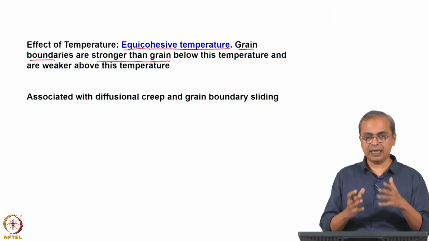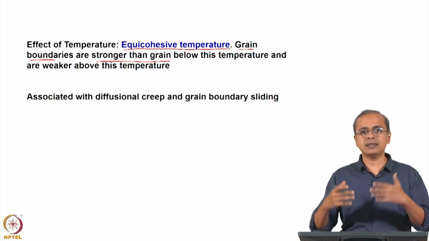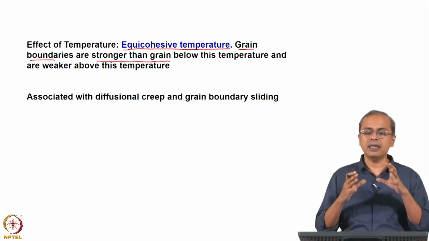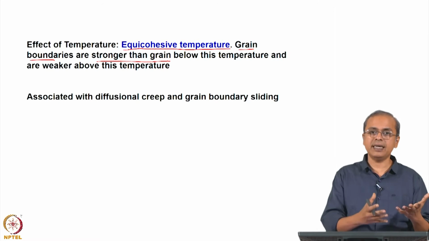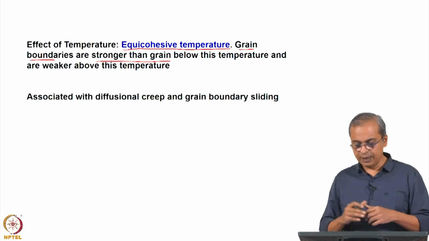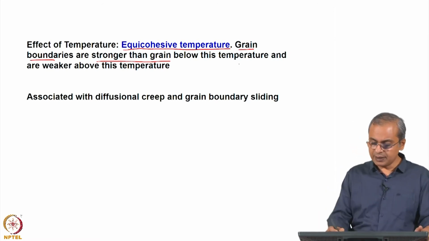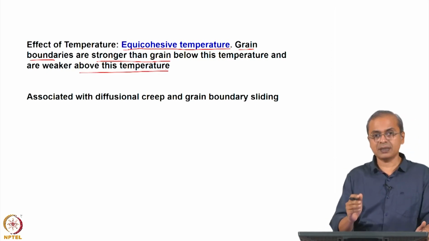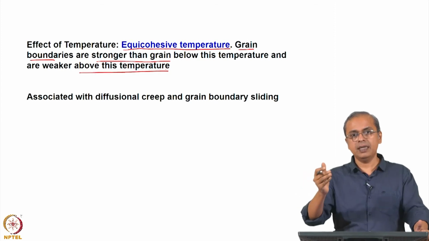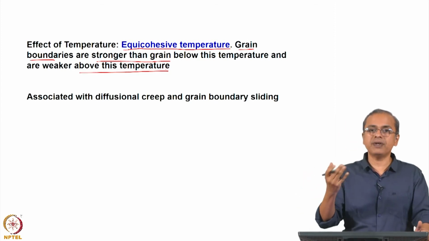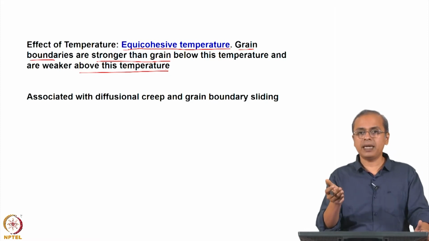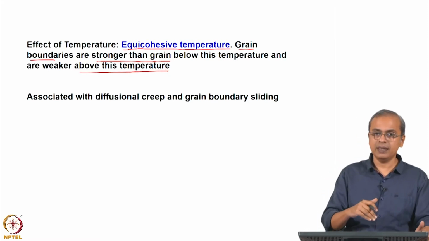That is the implication: having more grain boundaries makes the material stronger. If you go to temperatures above the equi-cohesive temperature, then it turns out that the grain boundaries are weaker than the grain. So, for the same material, having more grain boundaries makes the material weaker at higher temperatures.